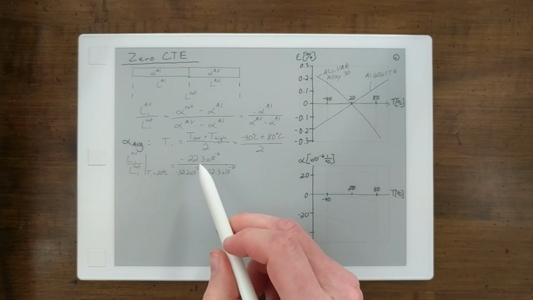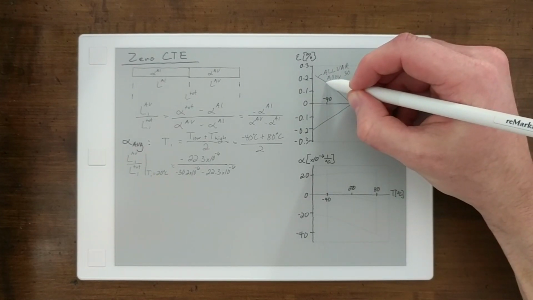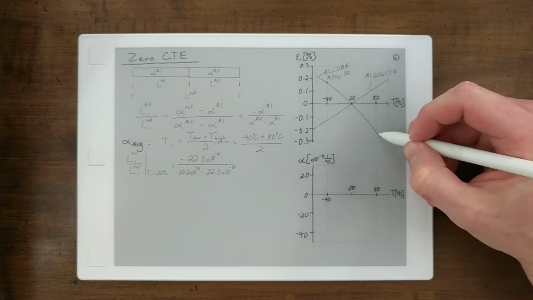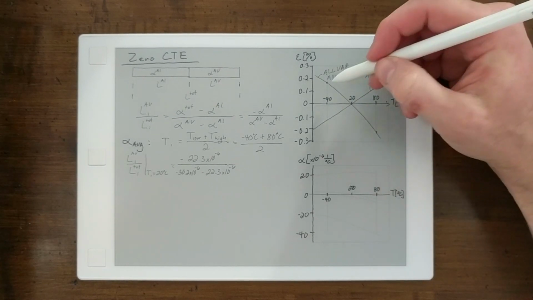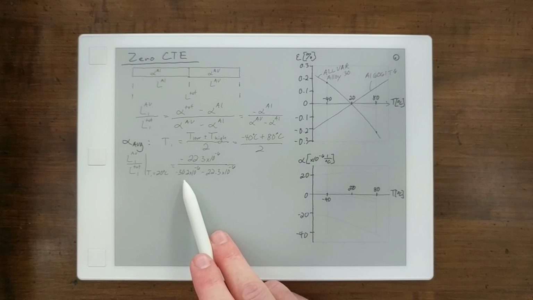And the average CTE, if you don't remember, you take the strain at your lower temperature extreme, the strain at the upper temperature extreme, you draw a straight line, and the slope of that straight line is equal to your average CTE.